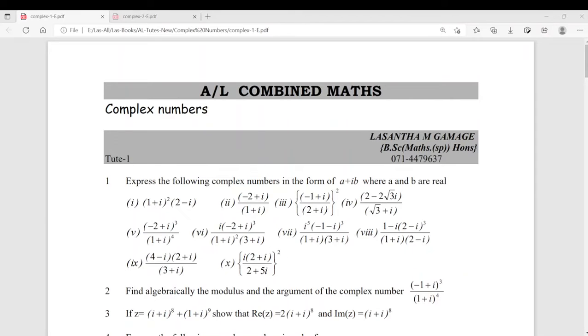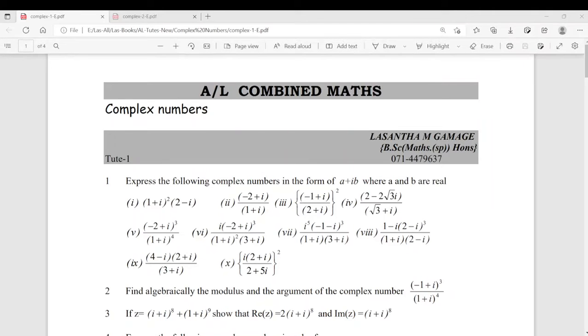Now, if you look at question number 1 in this tute, you only have to do algebraic operations to simplify and express in the form a plus ib. If you express in that form, then you can say both the real part and imaginary part of each of these complex numbers. I think the first sum you can manage.